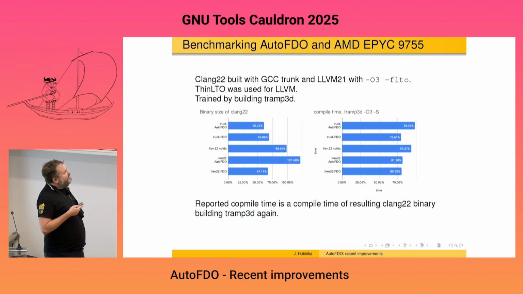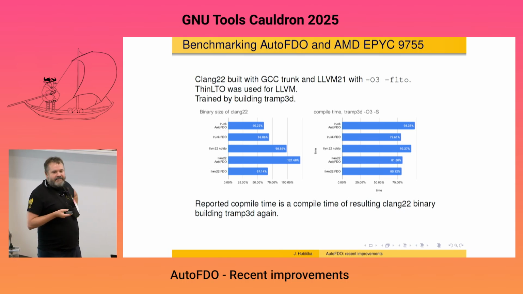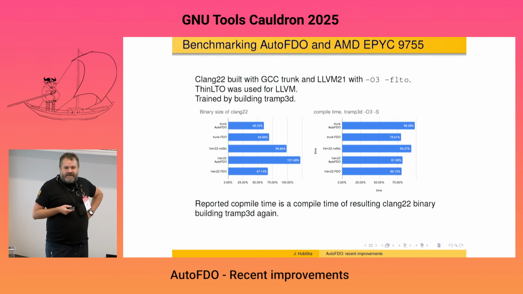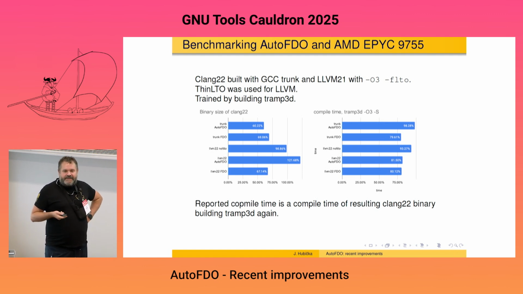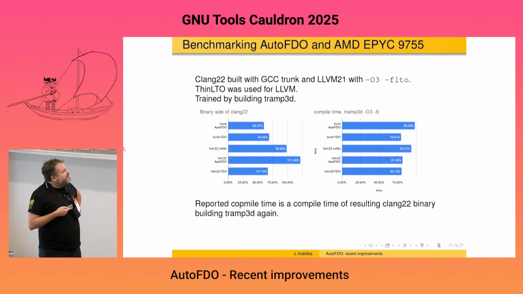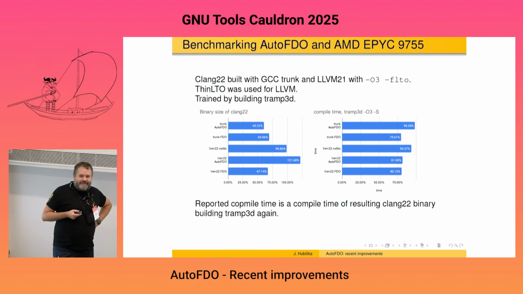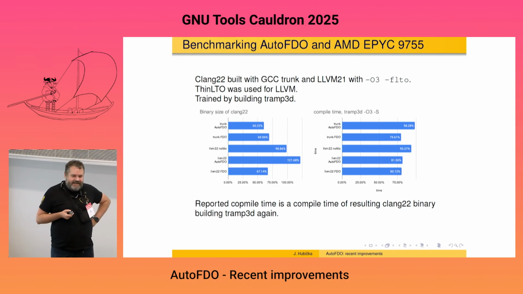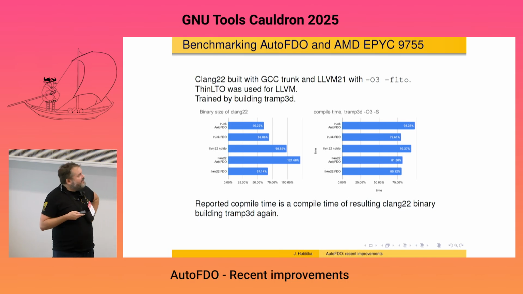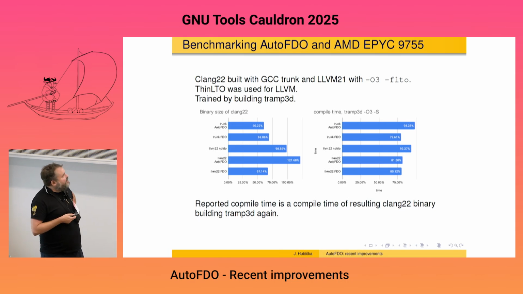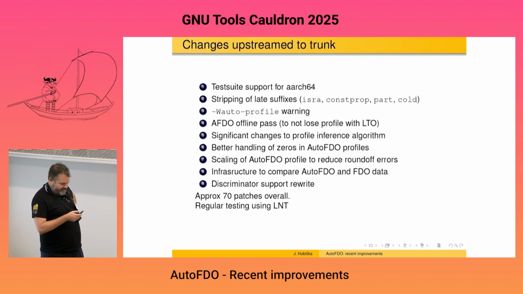And with FDO, this is a surprise to me, that didn't happen in the previous LLVM 20. They actually implemented the size optimization for code, which wasn't there for many years. So they improved quite a bit, but still the performance is slightly worse than if you use GCC to build LLVM.